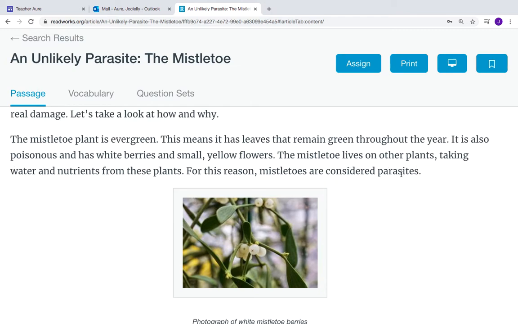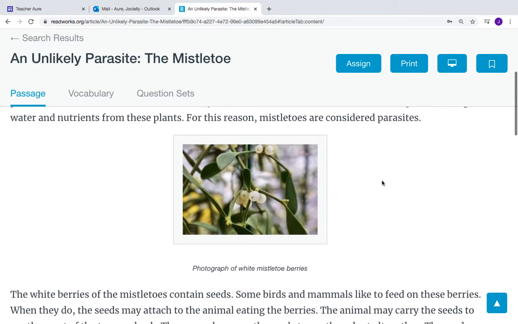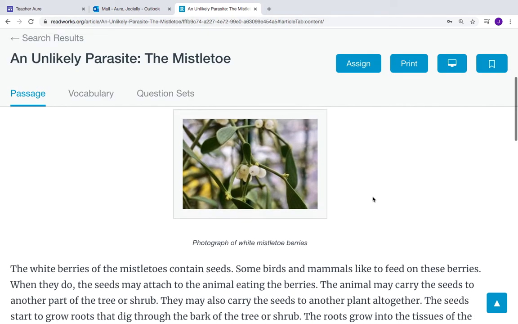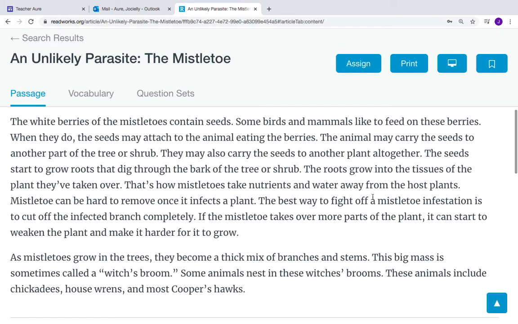And one thing that we need to consider though is that it lives on other plants and it takes the water and nutrients from this plant. So how is that damaging to plants? That's the question that first popped in my head. How is that going to damage the plant that the mistletoe is taking nutrients from? And parasites are not usually a positive thing. So let's continue our reading to find out how this mistletoe acts like a parasite, something that lives in another living thing, taking away nutrients.